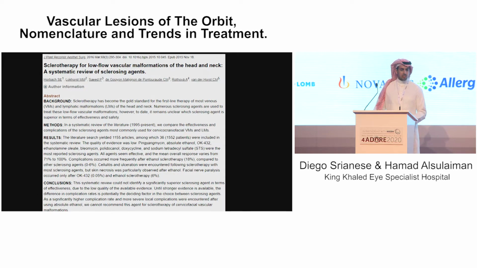And there's a recent review in the literature in 2016 of different sclerosing agents for low-flow vascular malformations of the head and neck, and they couldn't find a significantly superior sclerosing agent due to the lack of good data in the literature, or let's say low quality of available evidence. However, they concluded that absolute alcohol has a significantly higher complication rate.